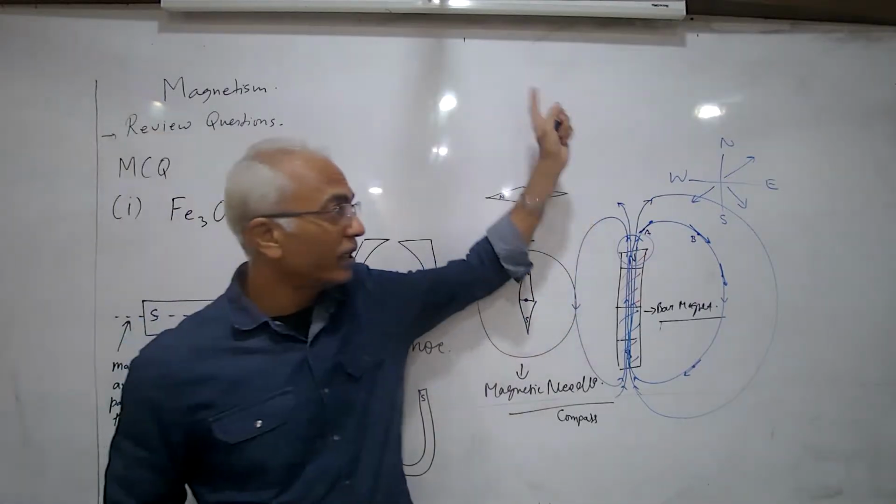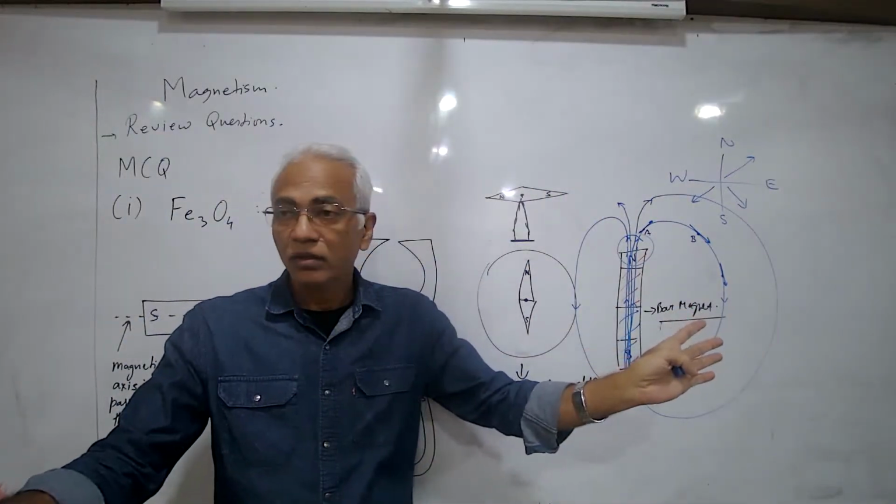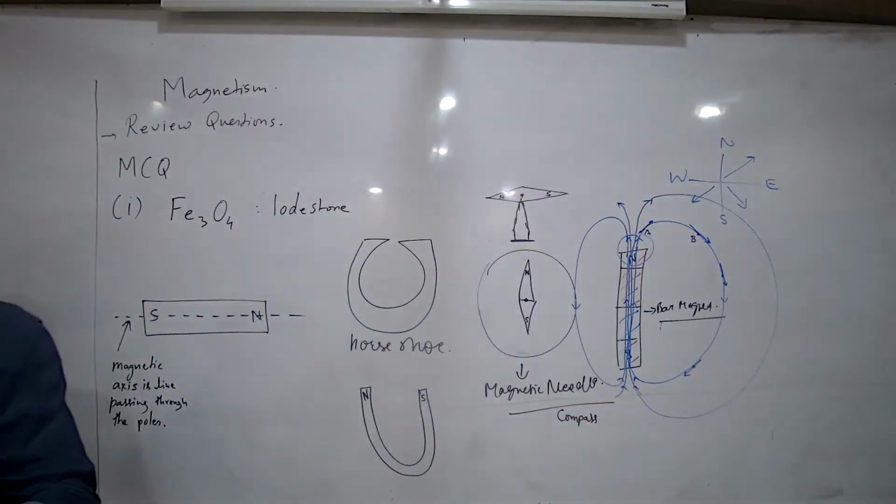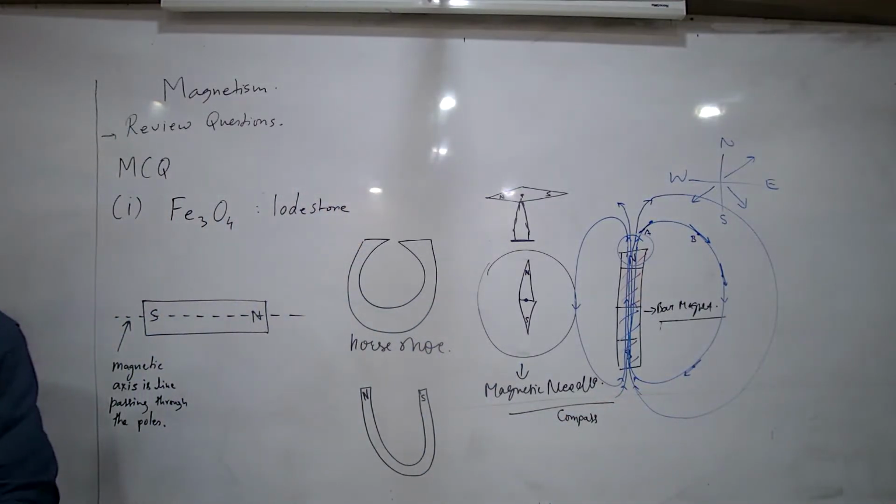As you go away, the magnetic field lines spread out, and wherever they spread out, the field strength is less. So how will you check the field strength? One way is to place a compass. If it shows more deflection, then the field strength is more.